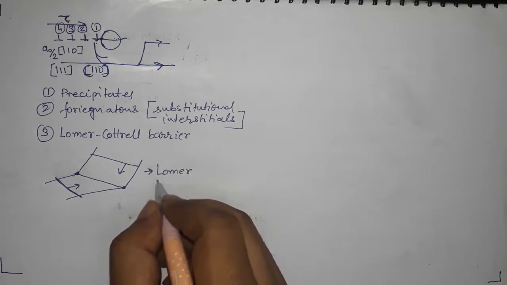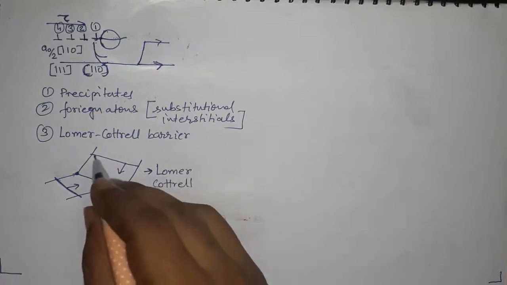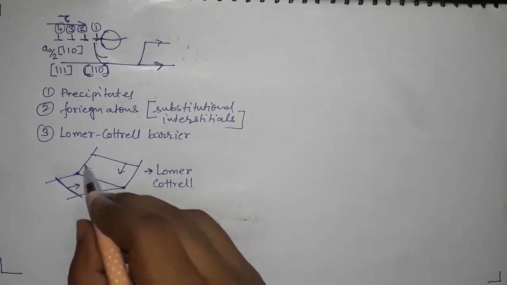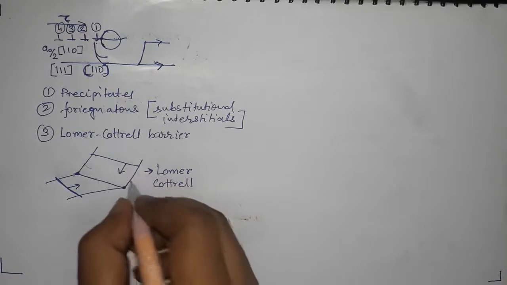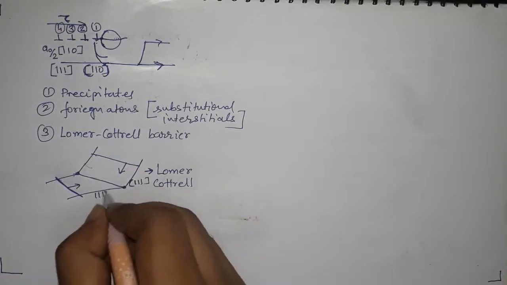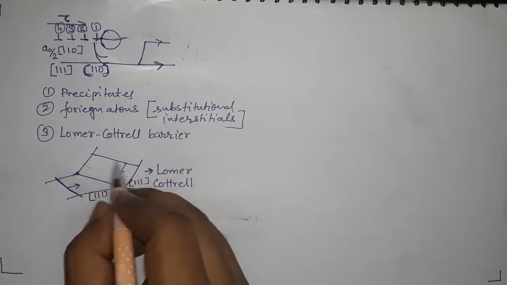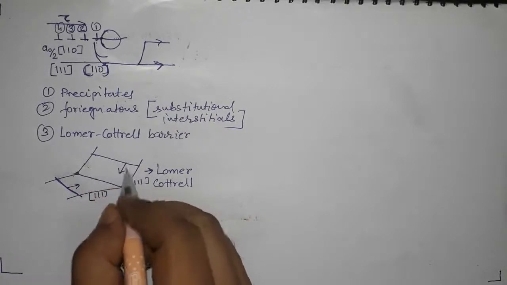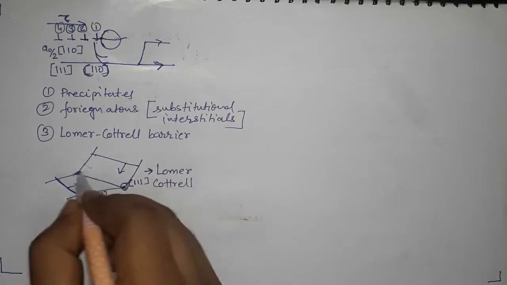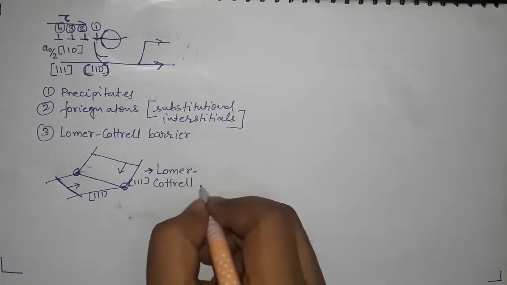So Cottrell modified this and said that the perfect dislocations, before coming to the interaction of these two 111 planes, actually dissociate into partials, and those partials get blocked here. Okay, and that's how it got the name Lomer-Cottrell barrier.